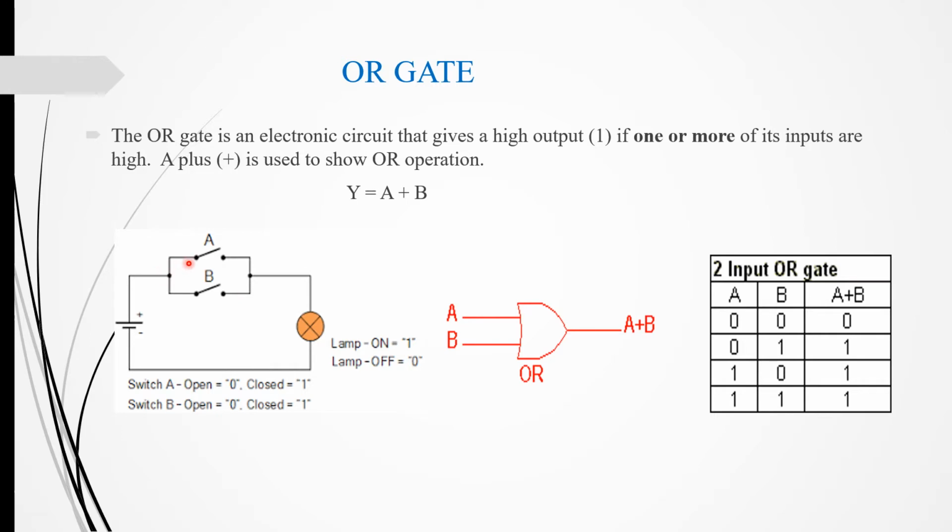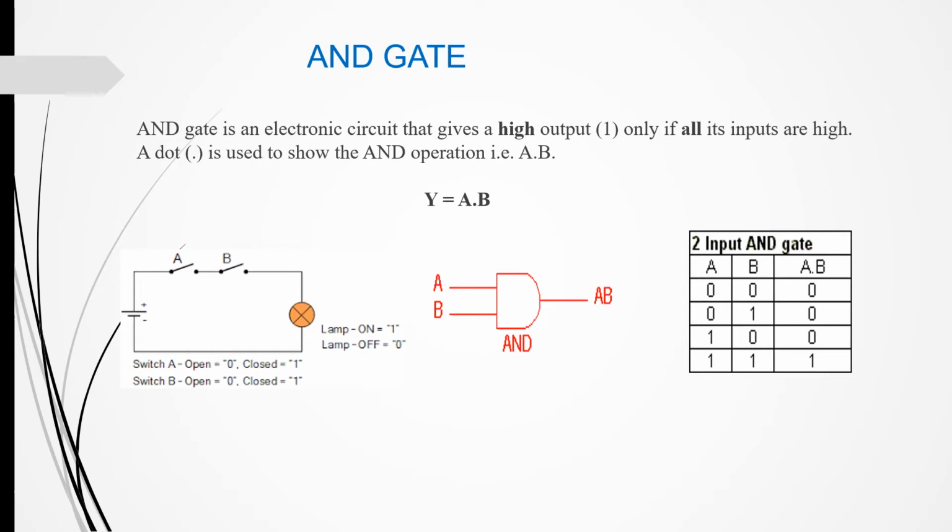If any one switch is closed, then current flows through it and lamp will glow. Lamp will be off only when both switches are open. If A is high or B is high, then Y is high. This is the logic of OR gate.